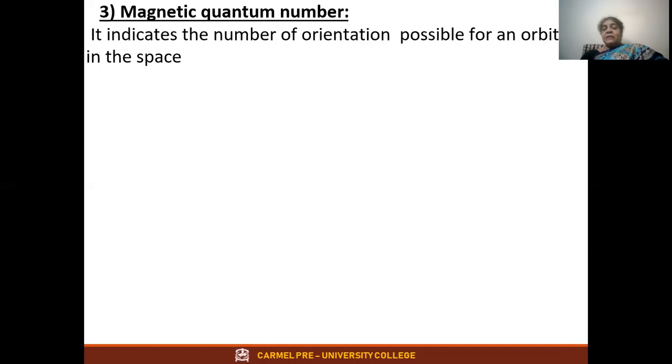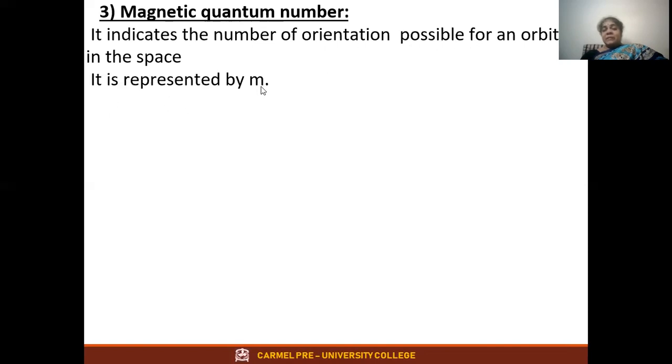How does the s orbital look, how does the p orbital look, and how exactly is the d orbital oriented in space? This is what is indicated by magnetic quantum number. It indicates the orientation possible for an orbital.